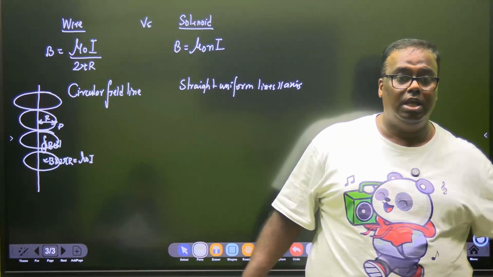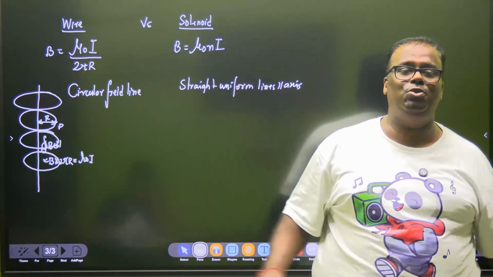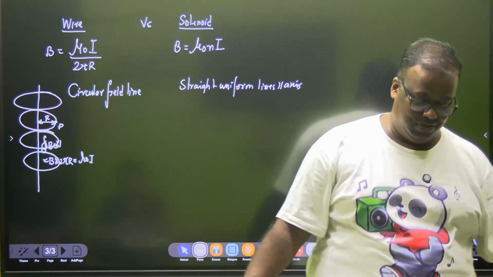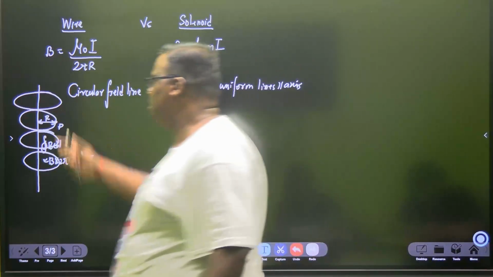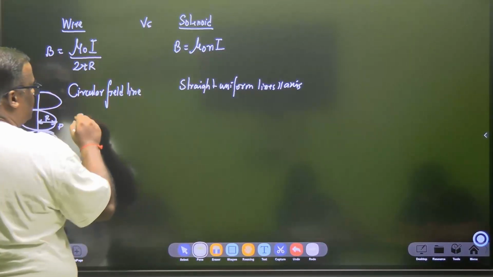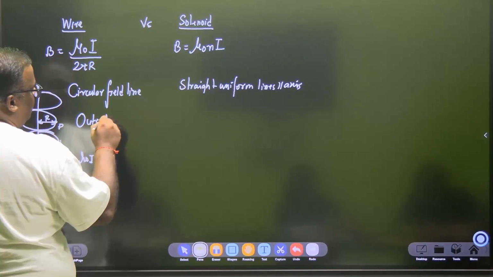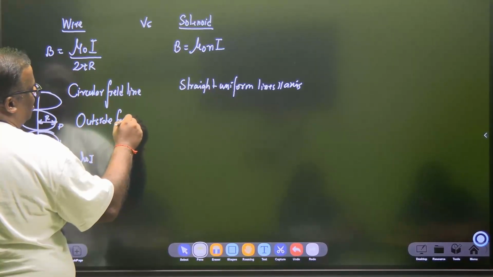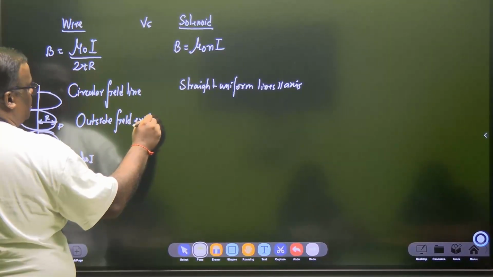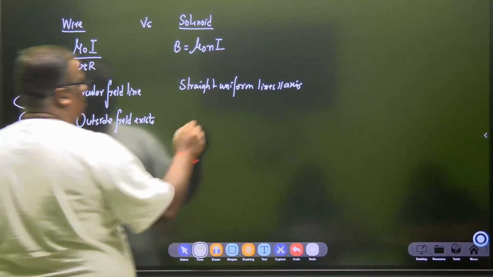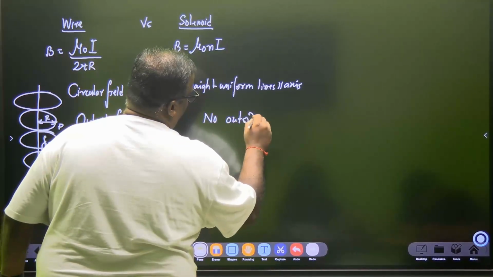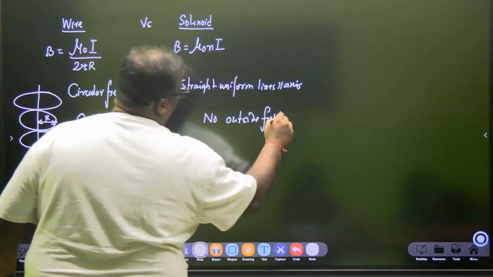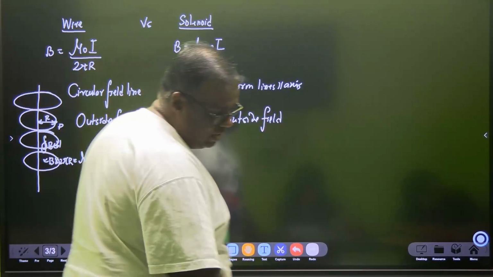Inside the solenoid the lines are straight, and in the exterior there is no loop. Next, for the wire, an outside field exists. And for the solenoid we will say no outside field. Outside field does not exist.